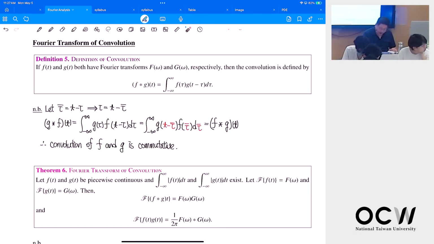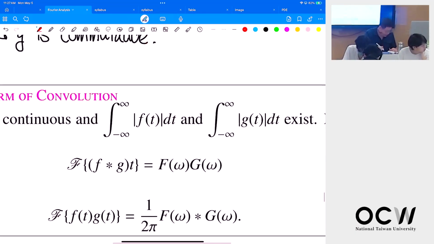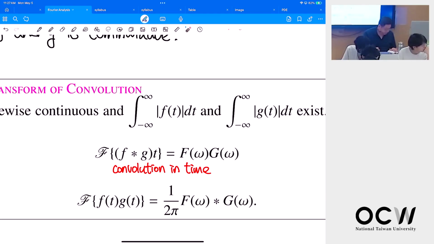So this is the convolution in time, then I have a multiplication, or the product, in frequency.